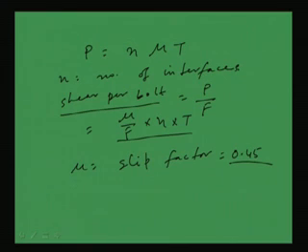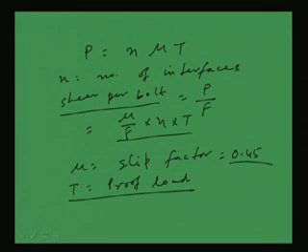Then T is basically the proof load. This will be the maximum permissible load in the bolt, which is specified in the code. So it can be found from the code; T is the proof load. For a particular diameter of bolt and a particular type of bolt, this strength is given in the code.